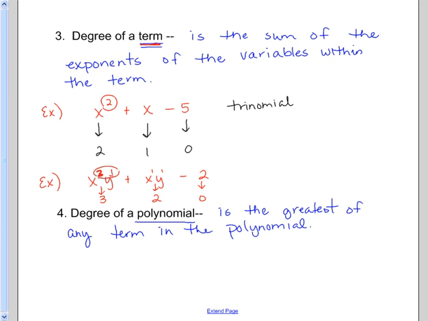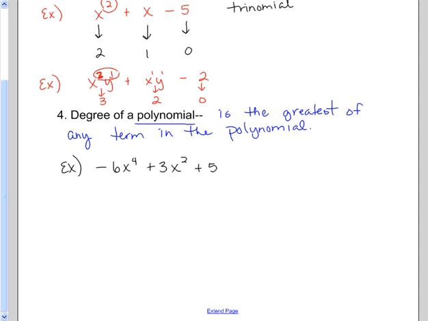Okay, so let's look at a few examples. If I have the polynomial negative 6x to the 4th plus 3x squared plus 5. Individually, if I wanted to find the degree of each term, I would say this term has a degree of 4, 3x squared has a degree of 2, 5 has a degree of 0.